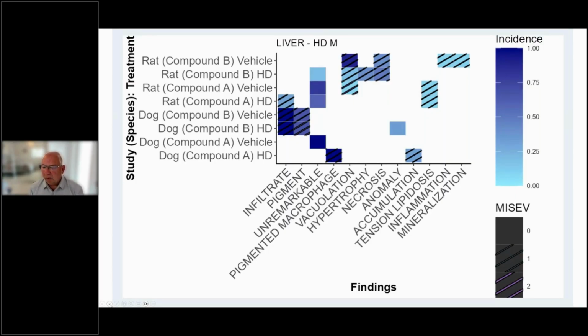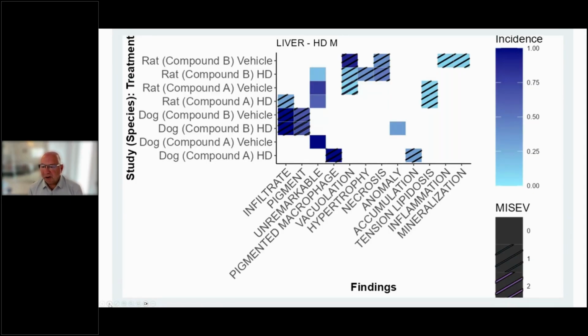And when we look at this, remember we saw in the radar plot that there were some microscopic findings that were driving a higher z-score for the dog compound A. And here we see that pigmented macrophages occurred at a fairly high incidence with a moderate severity. So that could certainly be driving some of that score. There was also accumulation identified, a moderate incidence, moderate severity.